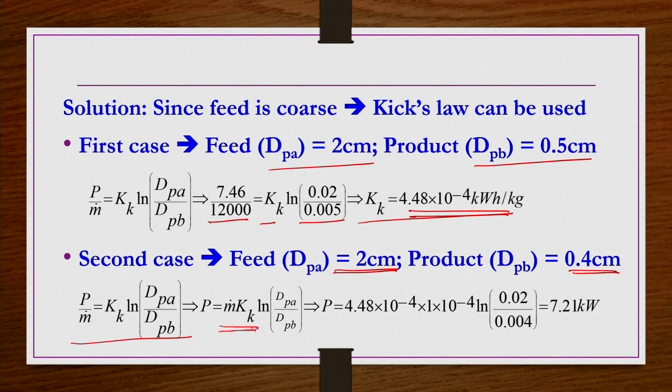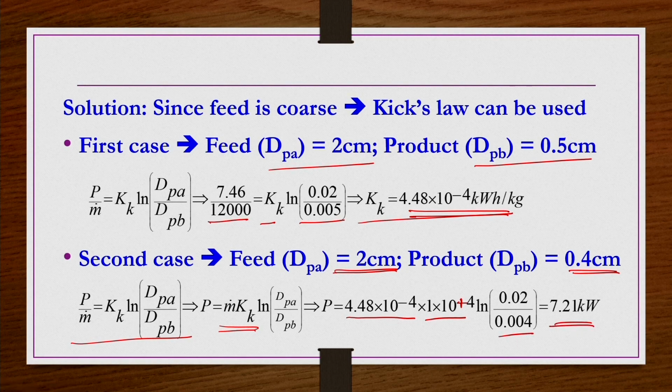We can take m dot to the right hand side. So, P is equal to Kk, 4.48 into 10 power minus 4 as just seen, times m dot, which in the second case is reduced to 1 into 10 power 4, times ln of dPa, 2 centimeters, by dPb, 0.4 centimeters. So, the power requirement is going to be 7.21 kilowatt.